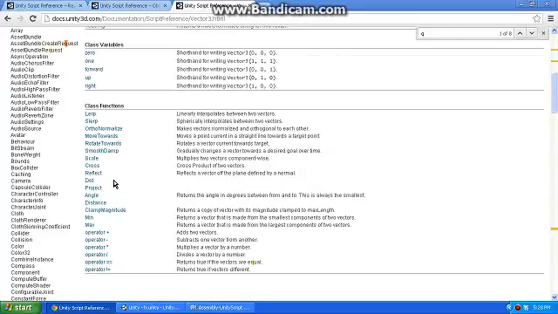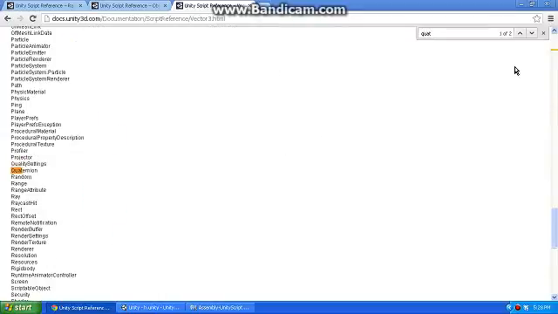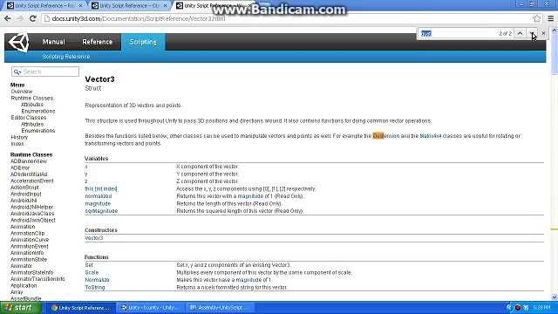Is there a vector 3 dot to quaternion function? We'll see. Okay, no, wait, there's a second option. Hang on. Besides the functions. Okay, fine. There's also a matrix 4x4. That's interesting, but it's not really what I was after.